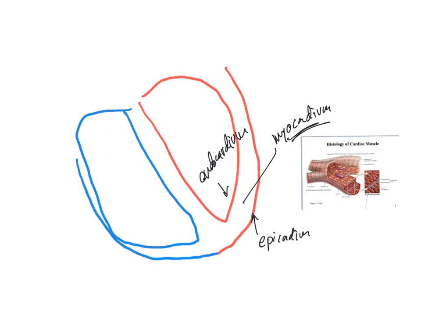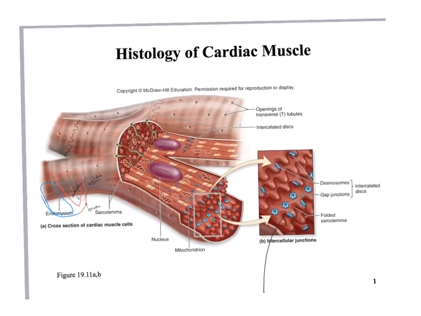That's where the heart muscle is, the cardiac muscle cells that are going to be contracting. And so this is what cardiac muscle cells look like. What do we know already about cardiac muscle cells? They are long cells.